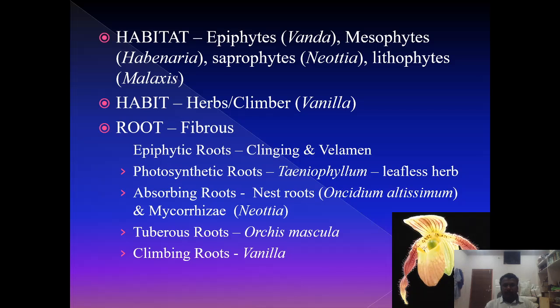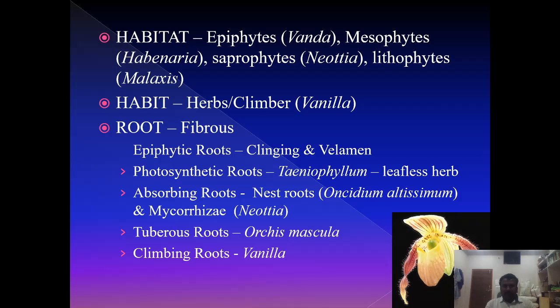Photosynthetic roots are observed in Taeniophyllum because it doesn't have leaves. There are also absorbing roots, for example in Acanthephippium, which has a nest-like root structure that absorbs rainwater.